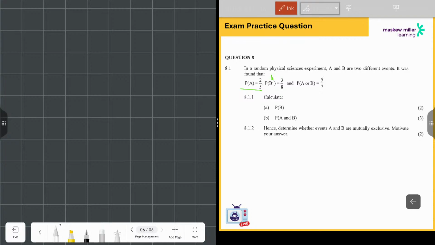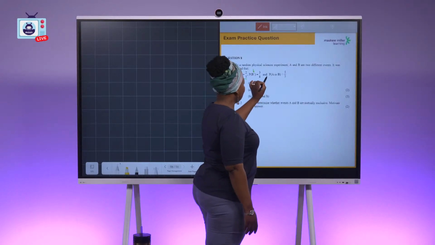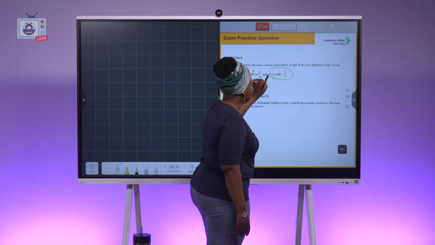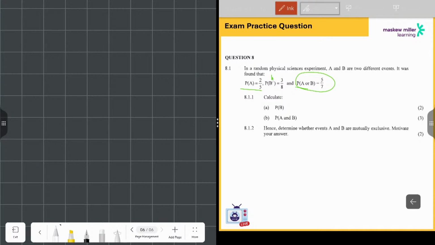So when I see this, before I even look at the questions, I start wondering, then what is B? What must you do? Quickly calculate what B can be, using your complementary rule. That is what you have to keep in mind. Now the third one we are given is the probability of A union B, which is A or B. Remember I said the moment you see this, what must you think of?